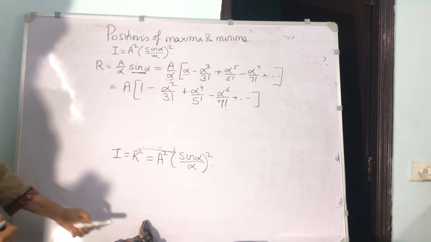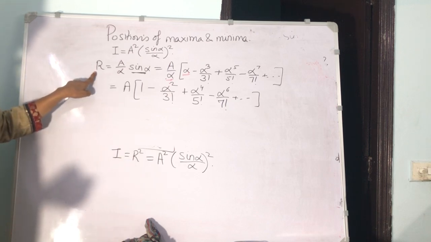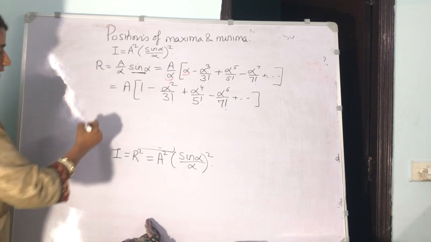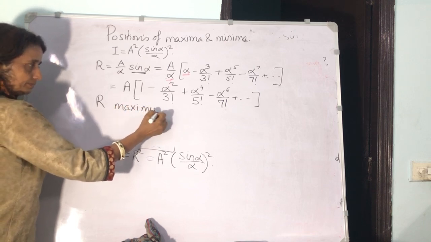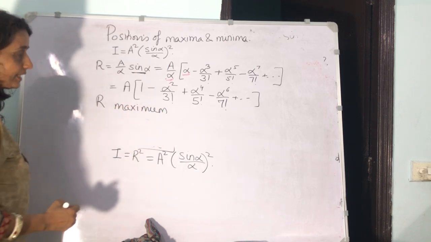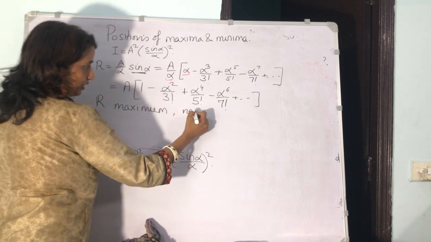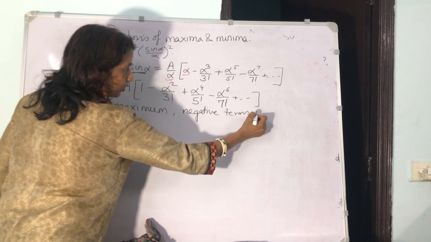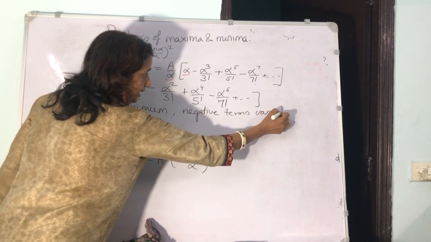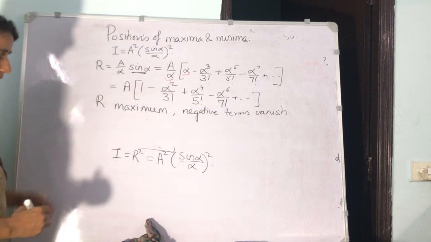Right? Now notice R, the resultant, is going to be maximum when the negative terms vanish.